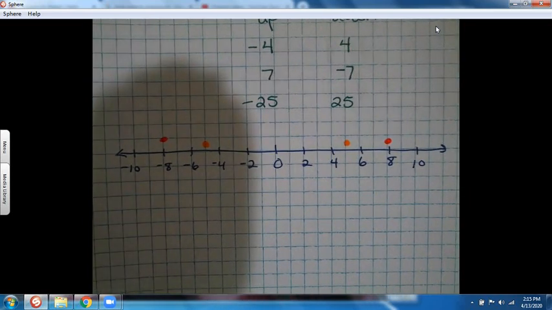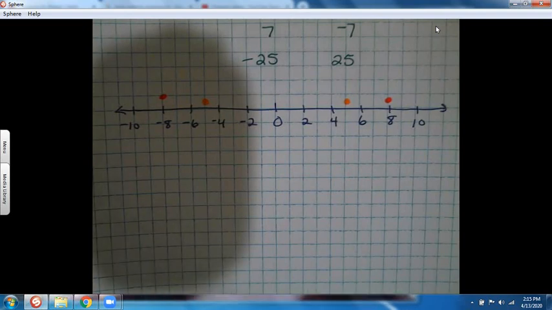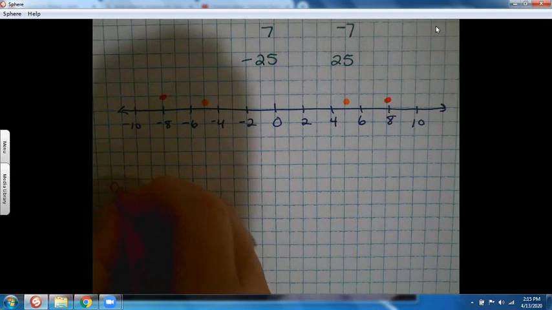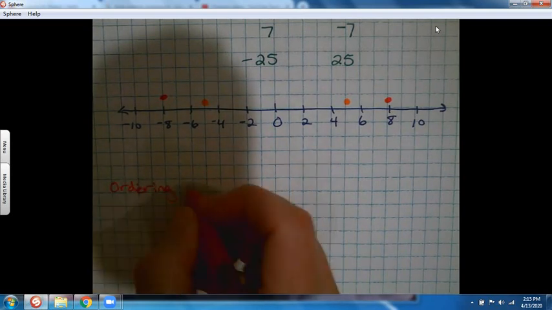So that's opposites. Now, they also want you to be able to order them from least to greatest and greatest to least. Okay, so let's draw another number line. So now we are ordering integers.